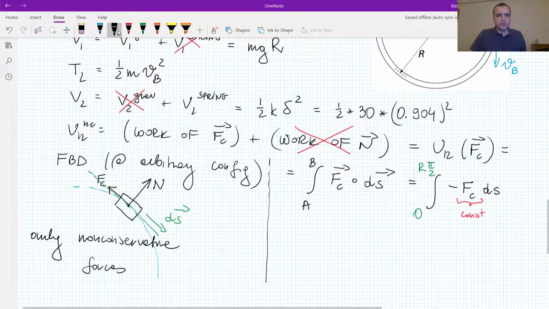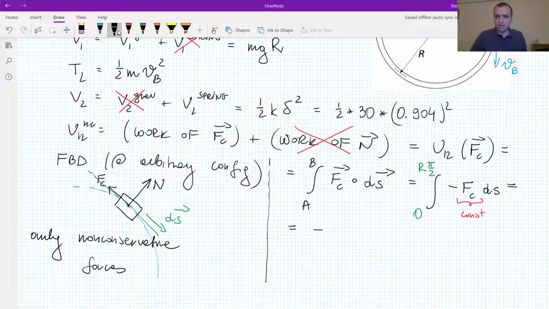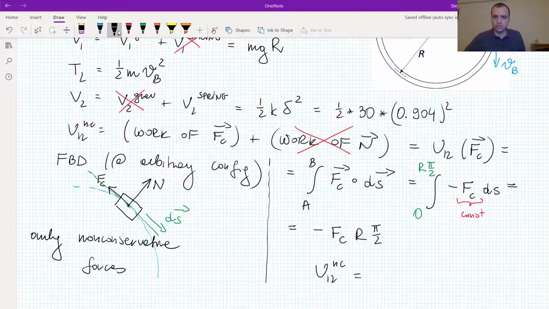It will be equal to minus Fc r pi over 2. So our U12 non-conservative is equal to minus Fc r pi over 2.